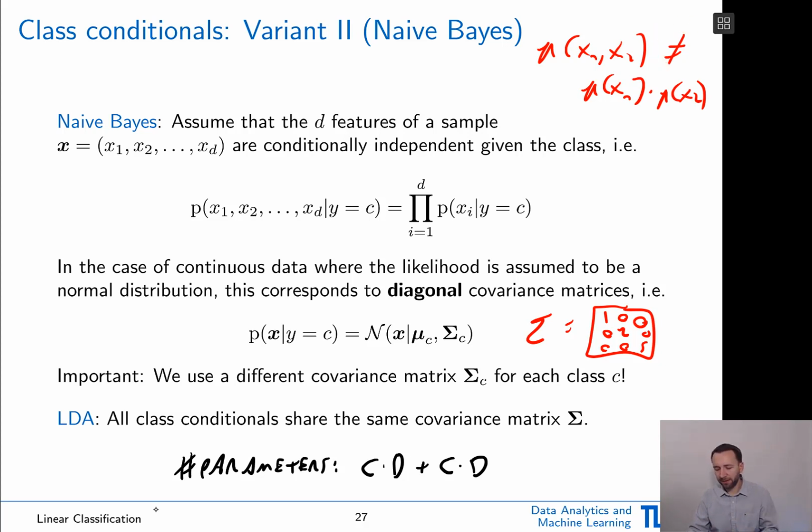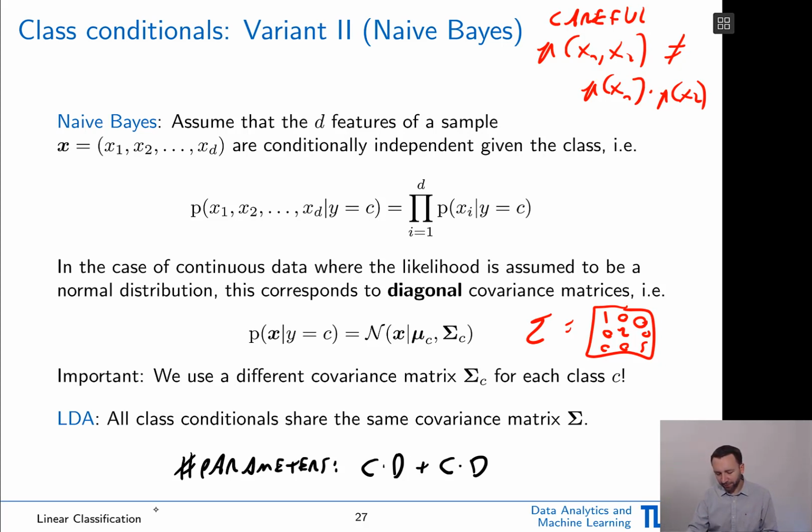Please be careful: it might hold, but it might also not hold. It might be unequal. What is true is that given the class, we assume this factorization. So this is conditional independence given the class. That's the assumption of the naive Bayes classifier. We don't have correlation, so to say, between these features.